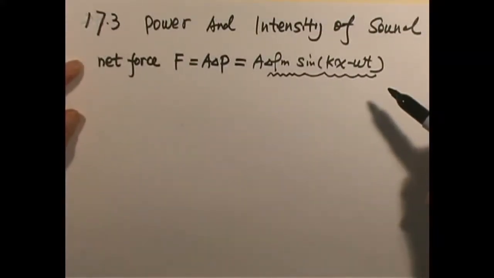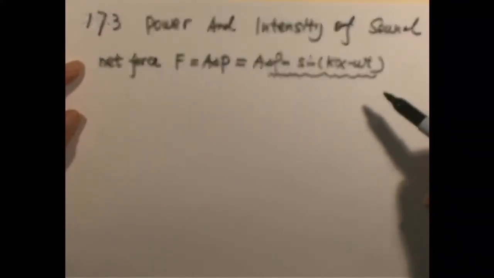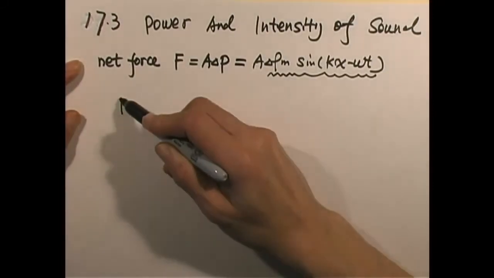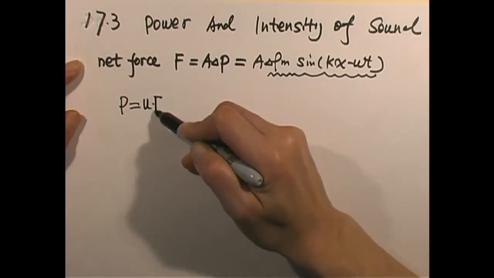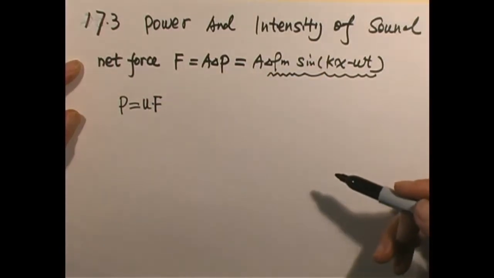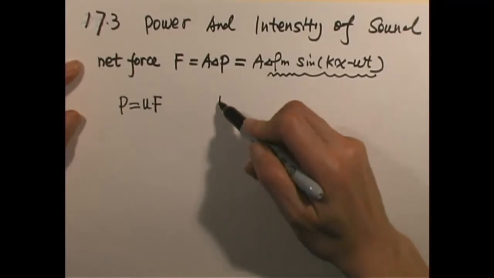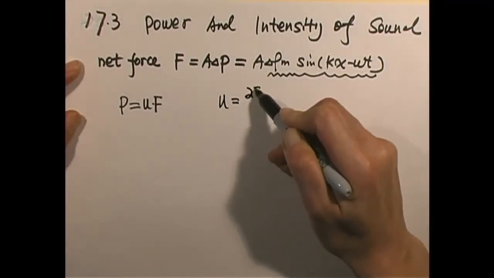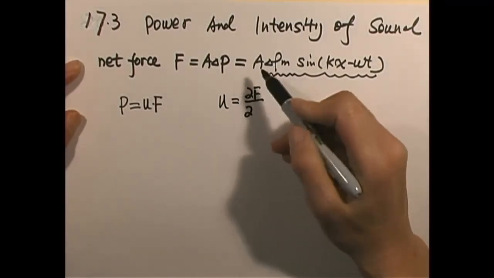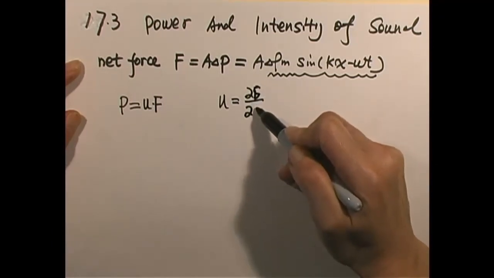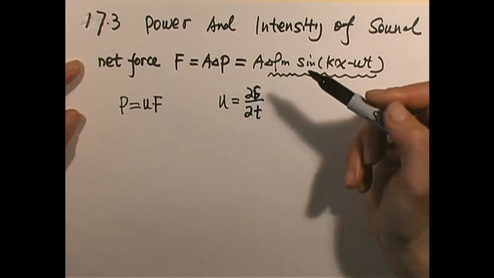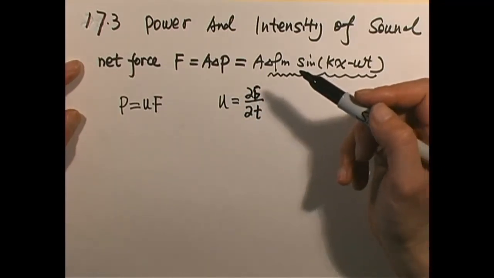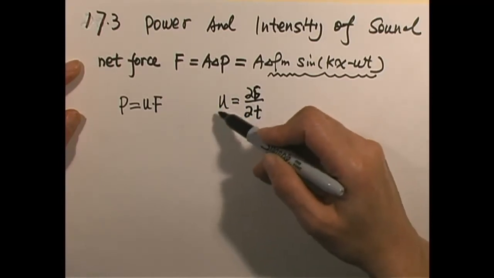So if there's a net force, then we learned before that power is associated with the speed times the force. In this case, the speed you define as partial s over partial t, because that is the change of displacement of the element over time, that is the speed of the element's movement.